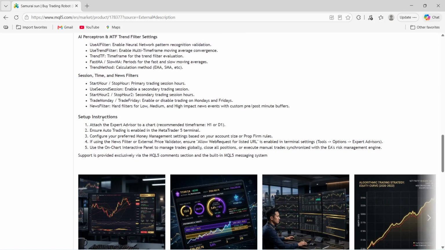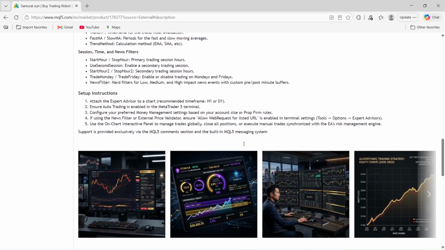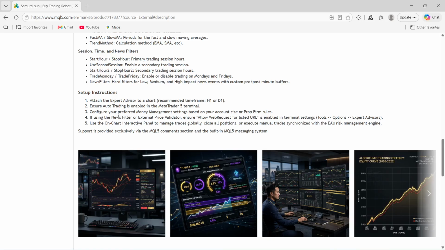As for the setup instructions, the developer advises to attach the expert advisor to a chart with the recommended time frame of the hourly or daily. You should ensure auto trading is enabled in the MetaTrader 5 terminal. Configure your preferred money management settings based on your account size or prop firm rules. If using news filter or external price validator, ensure allow web requests for listed URL is enabled in terminal settings.